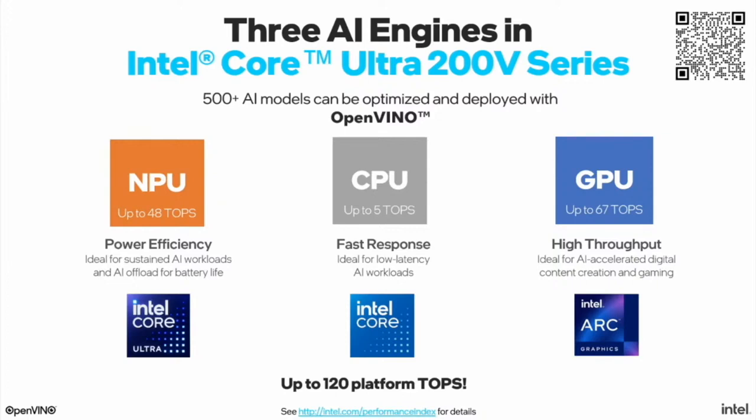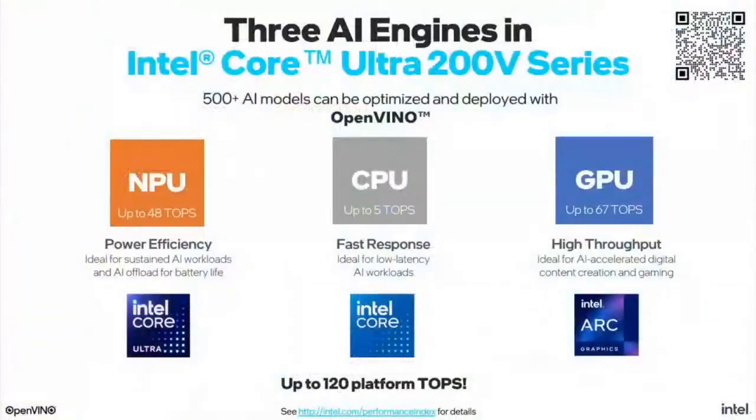And I'd like to show you something special. All these three AI engines are located in such a small chip, right? So this is an Intel Core Ultra 200V processor, and it's very small. All three engines are here: a multi-core CPU, obviously, GPU, and also NPU.